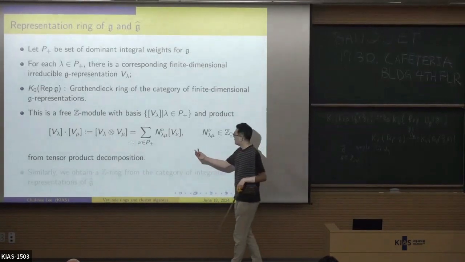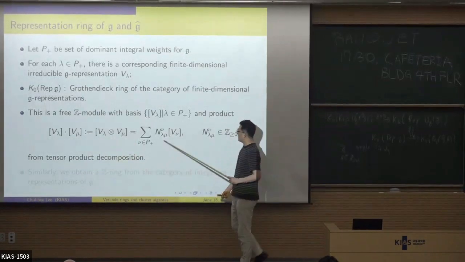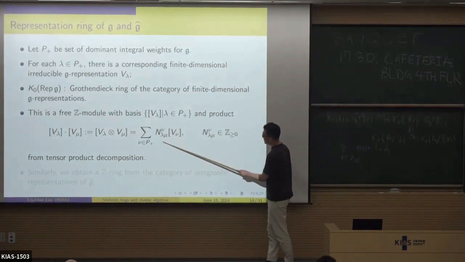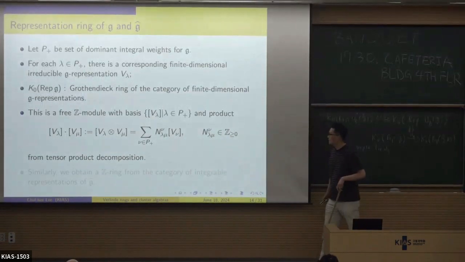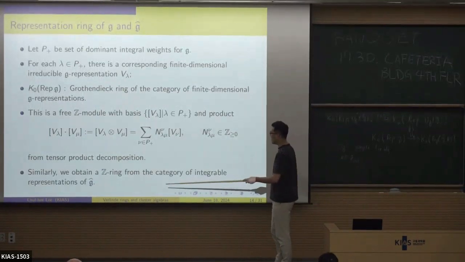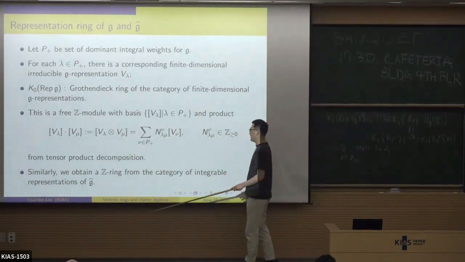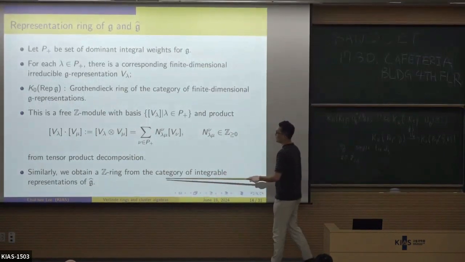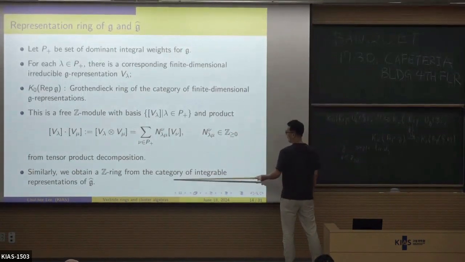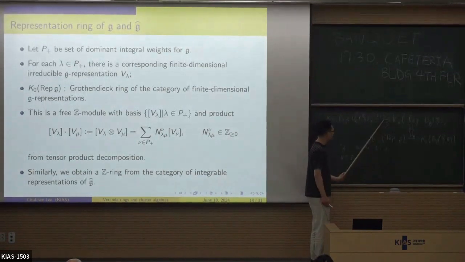So the product of any basis elements can be written again as a linear combination of basis elements, but here the structure coefficients are non-negative integers. Similarly, the category of integrable representations of g hat forms a ring structure. But this category doesn't appear in this picture.